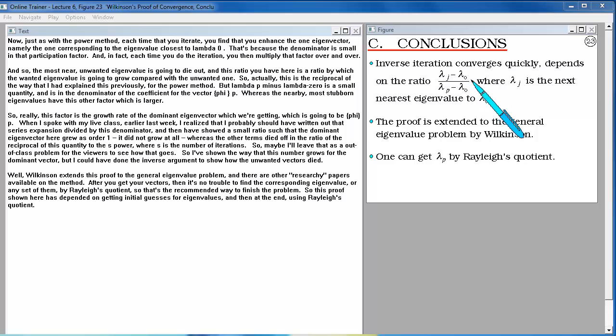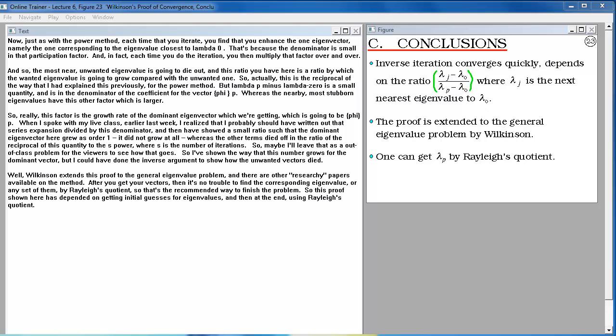And this ratio you have here is a ratio by which the wanted eigenvalue is going to grow compared with the unwanted one. So actually this is the reciprocal of the way that I had explained this previously for the power method.